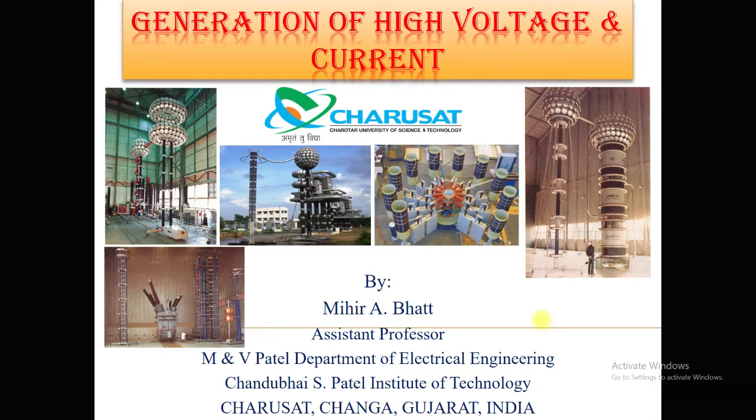It may be high voltage DC, higher AC voltages at power frequency, higher AC voltages at high frequency, impulse voltages of long duration, impulse voltages of short duration, and likewise. To produce high voltage DC, high voltage AC, and high impulse voltages, you can observe various types of equipment when you are visiting high voltage laboratories, or even when you are working in any manufacturing industries.